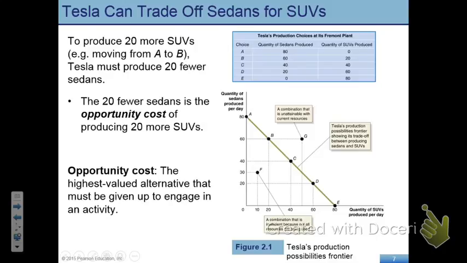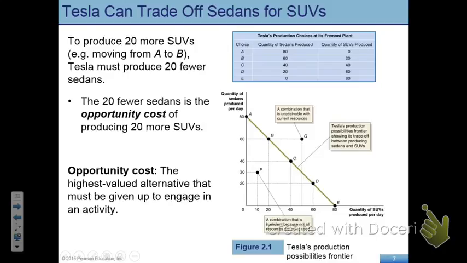And we are looking at an example where Tesla can produce two goods, SUVs and sedans, and the schedule that we're looking at, A, B, C, D, and E, shows different combinations of goods that Tesla can produce. Notice that in these combinations, something is very important, and it is that whenever Tesla tries to produce more of one good, it has to give up producing the other good a little bit.